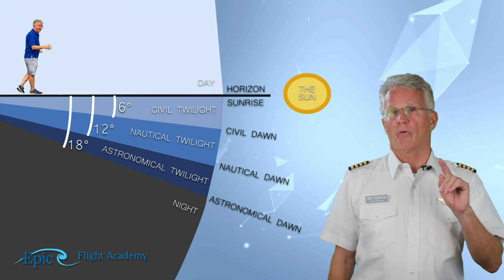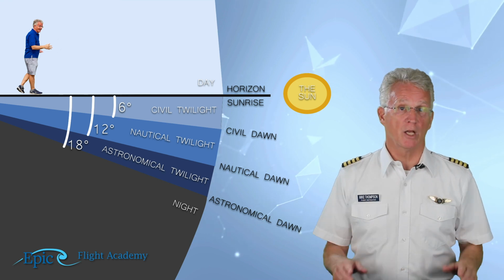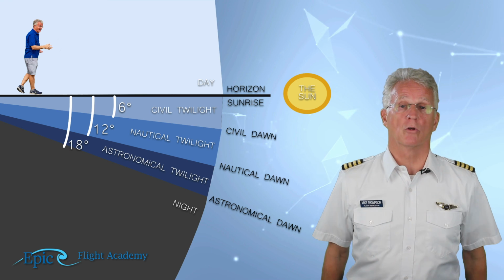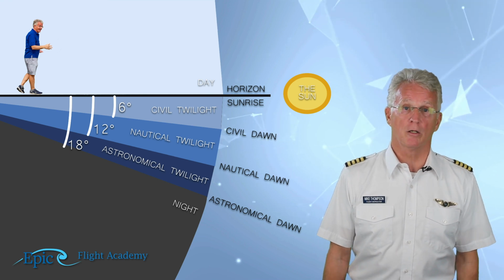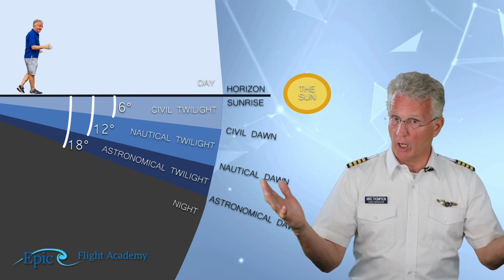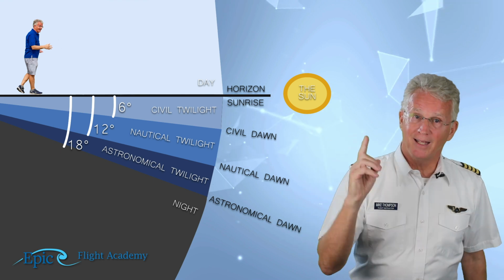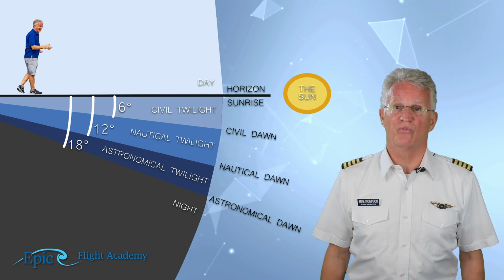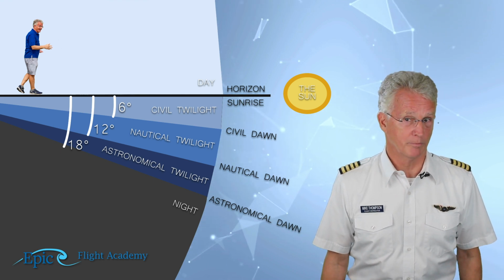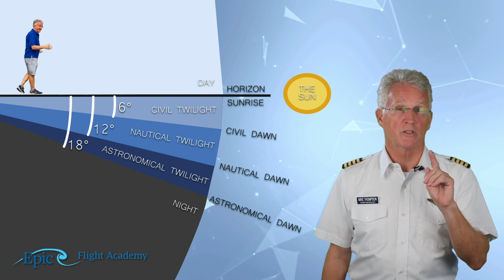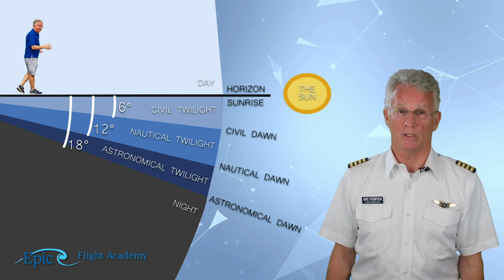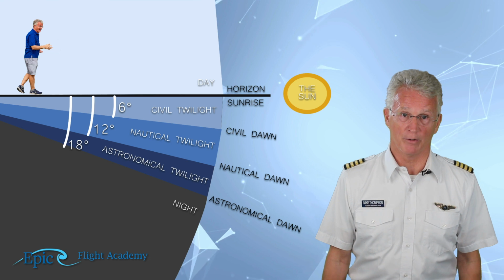At approximately 30 minutes after sunset, I will start logging nighttime in my logbook, because if the Earth rotates at 15 degrees per hour, then it rotates 7.5 degrees in a half an hour.